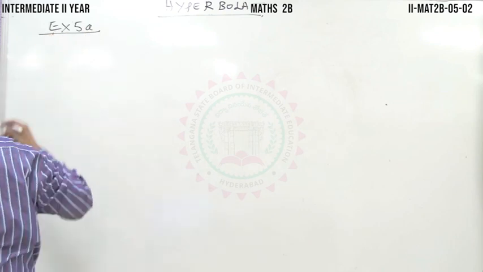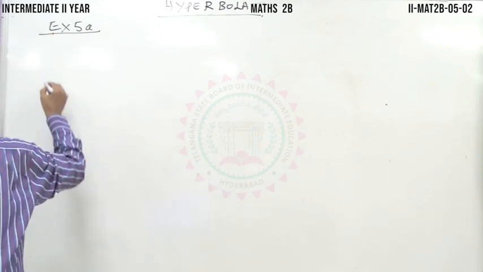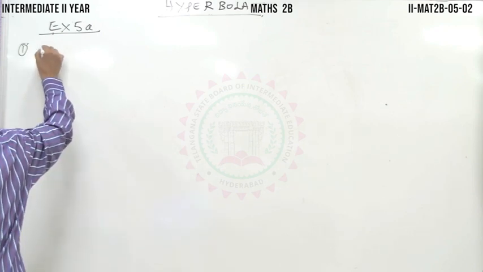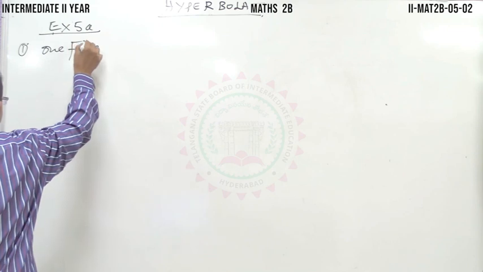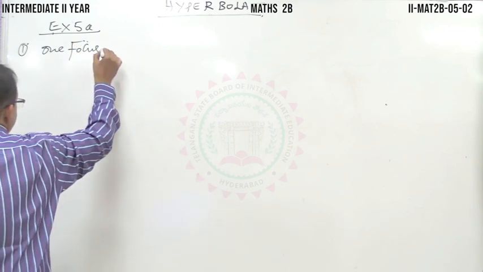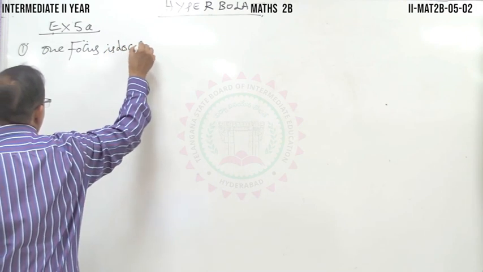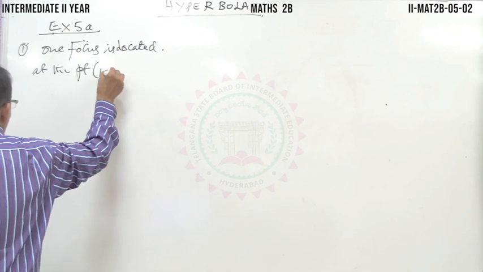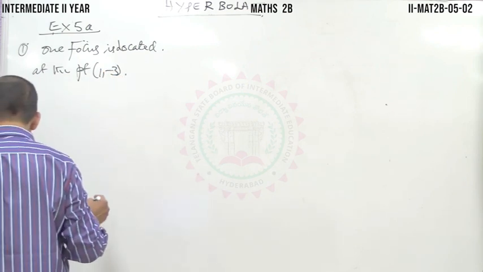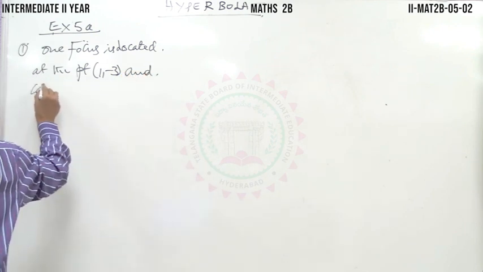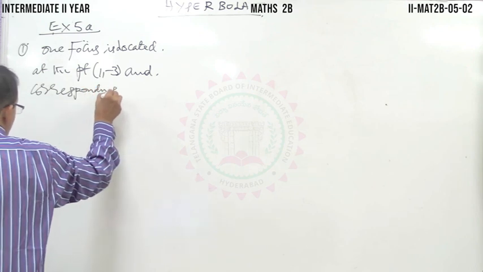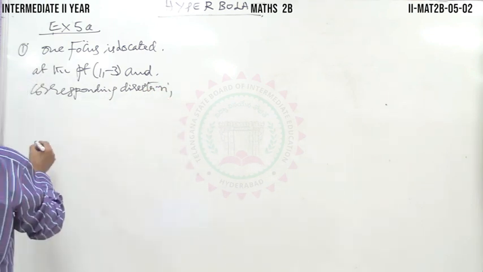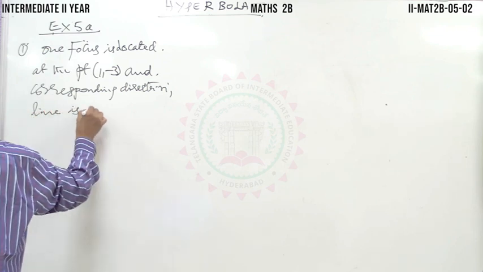Exercise 5A. One question: if you see the first question, the focus of the hyperbola is located at the point 1 comma minus 3, and the corresponding directrix line is given to us as y equal to 2.